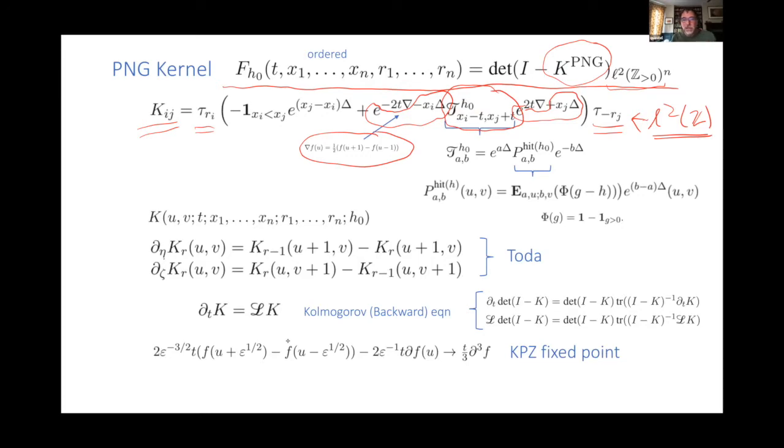And so the way you create it, except for these little conjugations by these discrete Laplacians again, is through a hit operator.